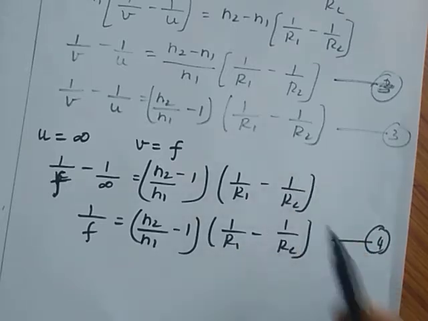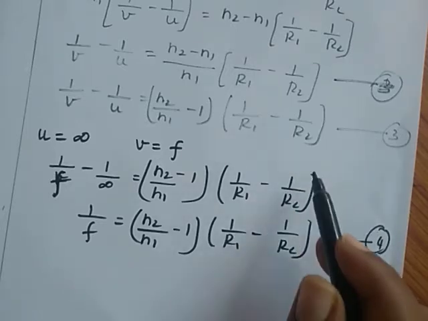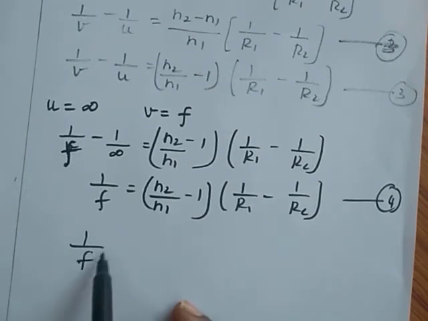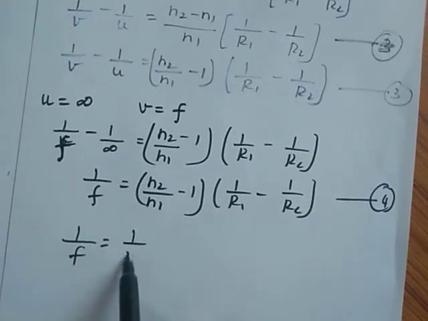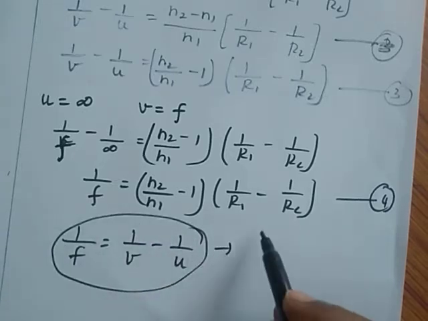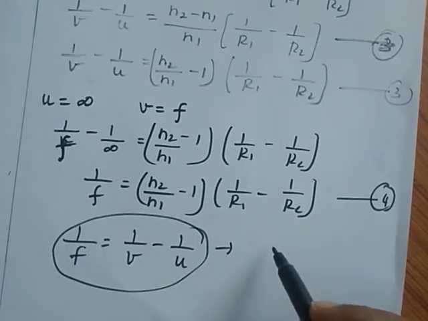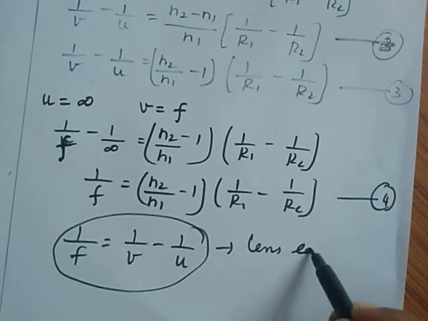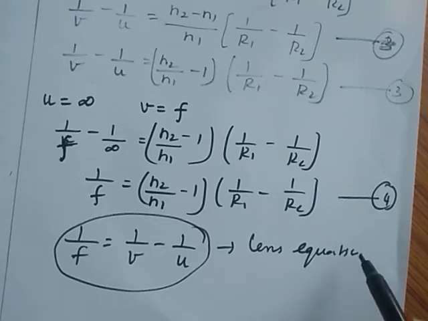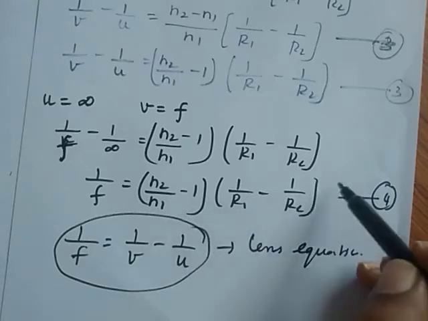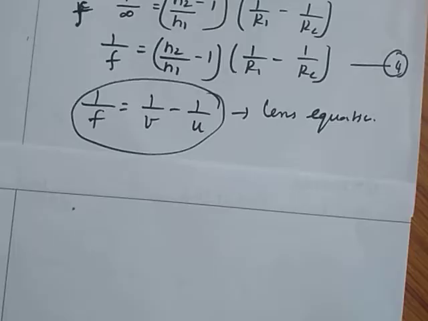Equating these two expressions, we get 1 by f equals 1 by v minus 1 by u. This is the lens equation.